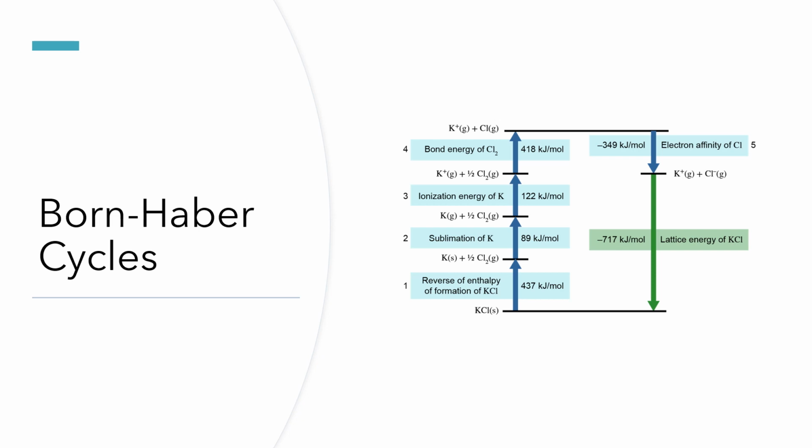And so if we look at the difference in energy between the top of this energy level diagram, the potassium ion in the gas phase plus chlorine atom in the gas phase, and down at the bottom, KCl solid, it doesn't matter if we take this pathway that's all in blue on the left, or if we take this pathway that's over on the right that's partly in blue and partly in green. Both pathways should have the same delta H.